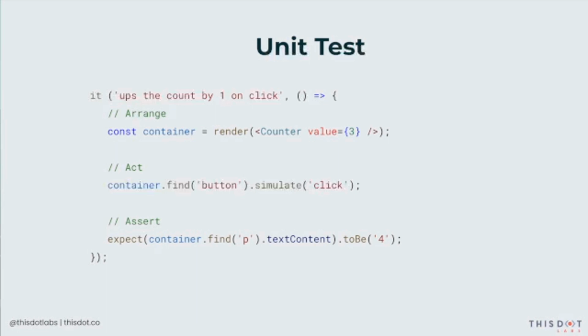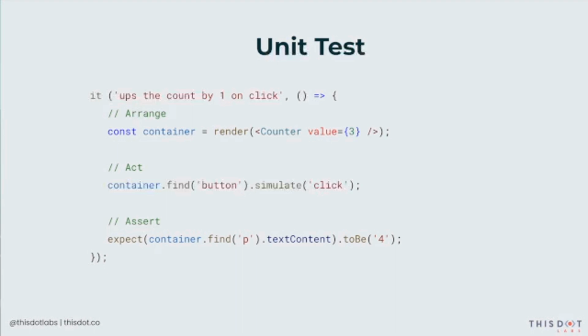So we assert, we expect that whatever text content is in the paragraph, it needs to be the string 4. This is a very simple one-off test, which tells us that if we start out with 3 and we click our button, we end up with 4.